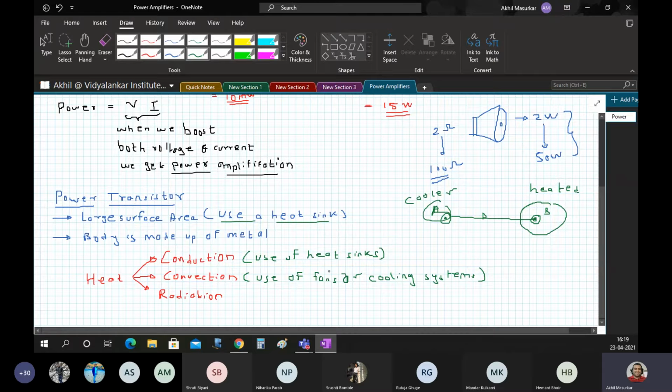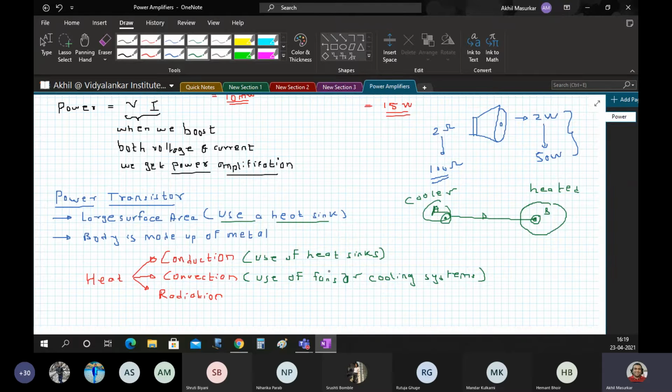So the heat is being conducted through a fluid, and then it is cooled in the radiator with the help of a fan. So this is the most common way of removing the heat from where it is generated, that is through conduction and convection.